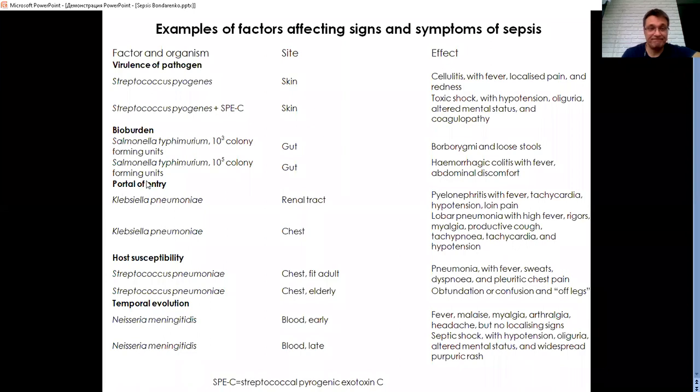Different intestinal bacteria like Salmonella typhi may develop the septic condition. The same for Klebsiella pneumoniae, which by itself has a very strong potential for abscess development in the lungs, also may lead to the development of a septic condition.